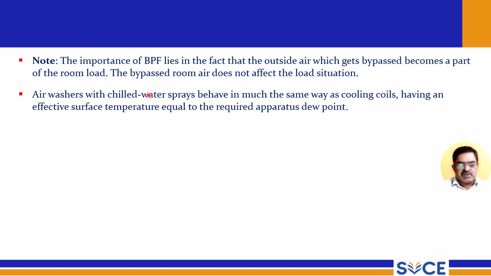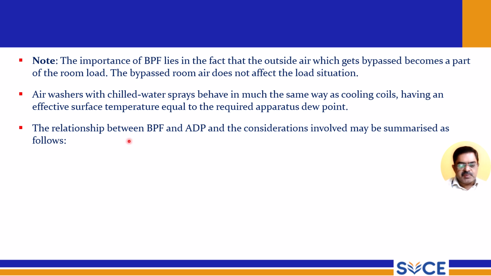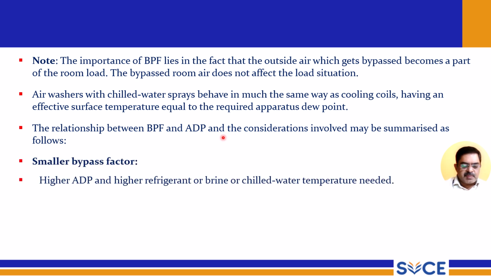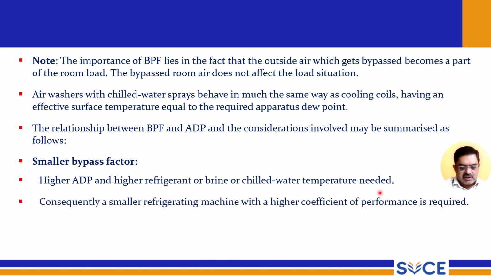Air washers with chilled water sprays behave in much the same way as cooling coils, having an effective surface temperature equal to the required apparatus dew point. The relationship between BPF and ADP and the considerations involved may be summarized as follows. With a smaller bypass factor, a higher ADP and a higher refrigerant, brine or chilled water temperature are needed, and consequently a smaller refrigerating machine with a high coefficient of performance is needed.